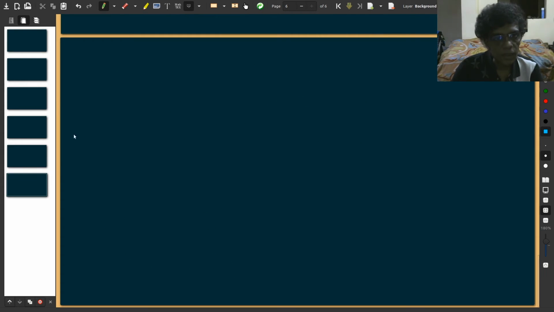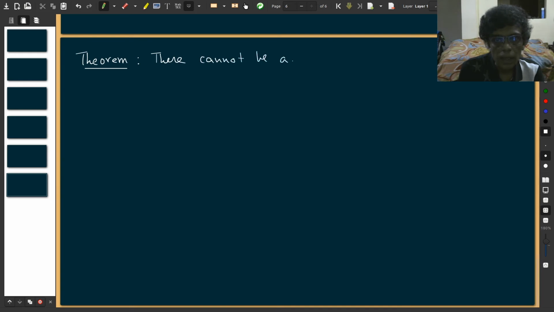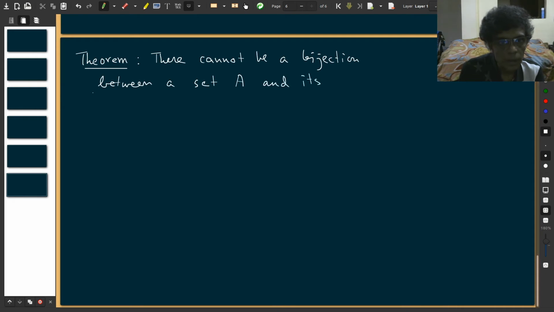Let us see another diagonalization proof. So, this is yet another important theorem: there cannot be a bijection between a set A and its power set.